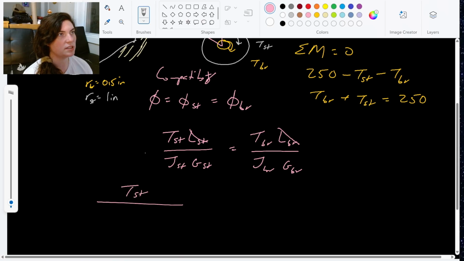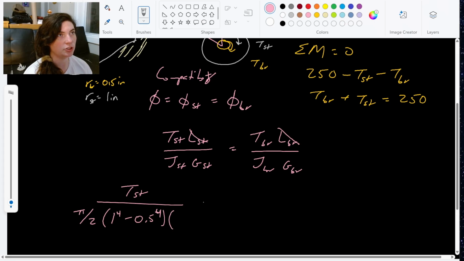So my torque steel is going to be pi over 2. And for my polar moment of inertia, remember it's acting like a tube here. We don't count the brass portion. So it's pi over 2 times the outer radius to the 4th minus the inner radius to the 4th. So 1 to the 4th minus 0.5 to the 4th.